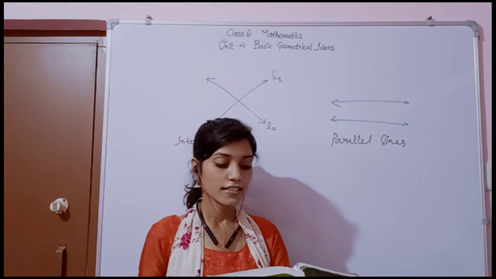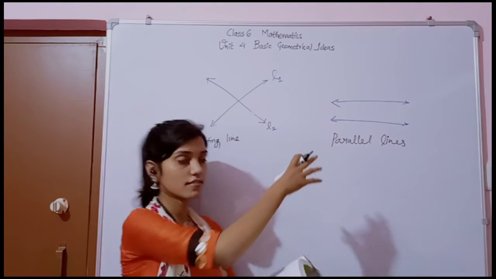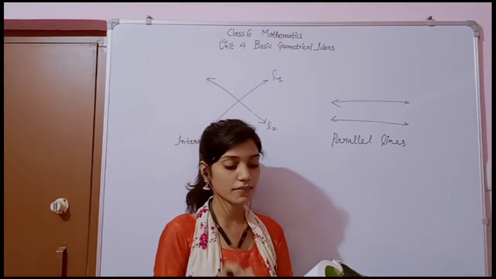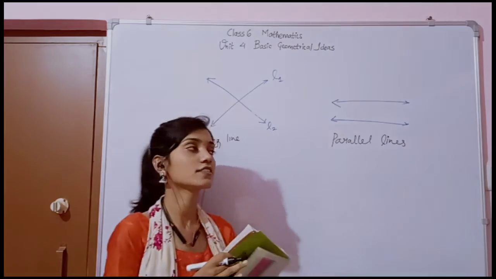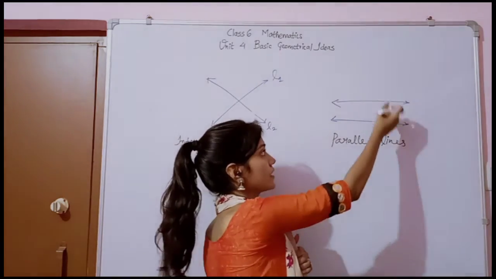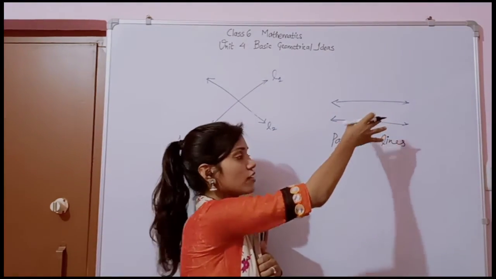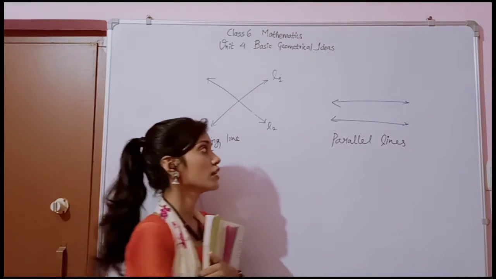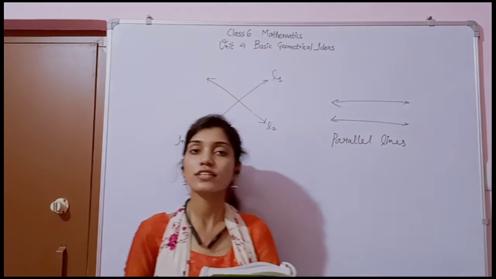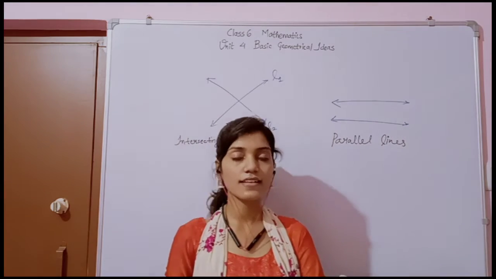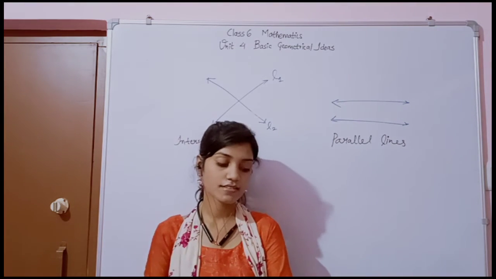Lines like this, which do not meet, are said to be parallel and are called parallel lines. So you can see that the lines are not meeting each other. So I hope this is clear.